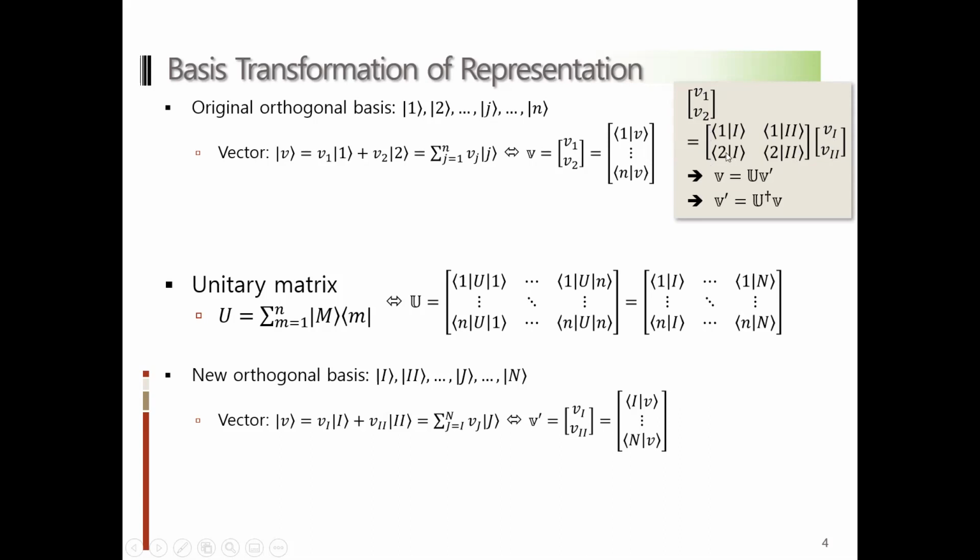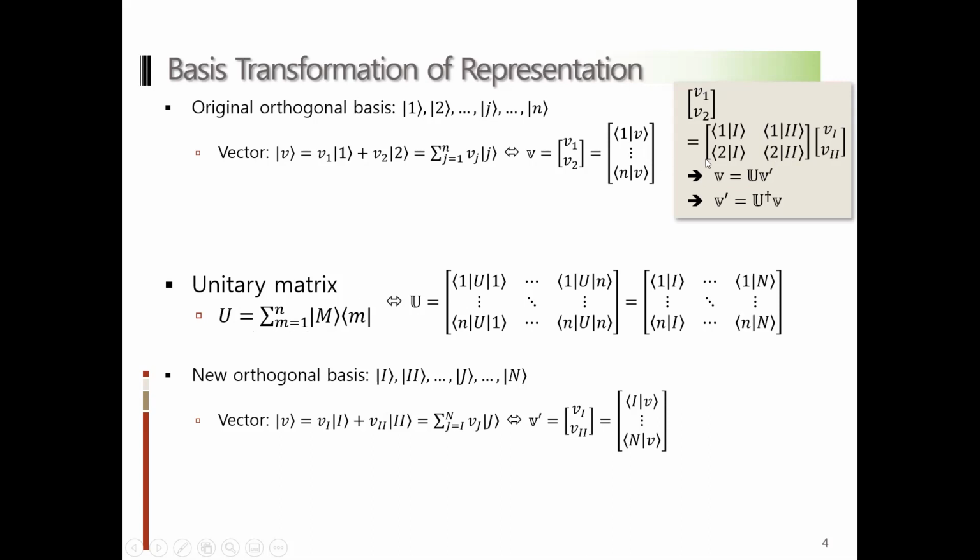And then what you should also realize is that each of these components can be considered as the matrix element of this abstract unitary operator, which is defined in this way.